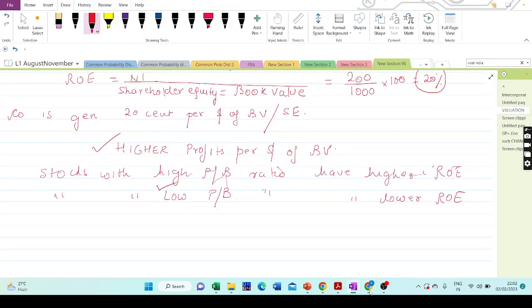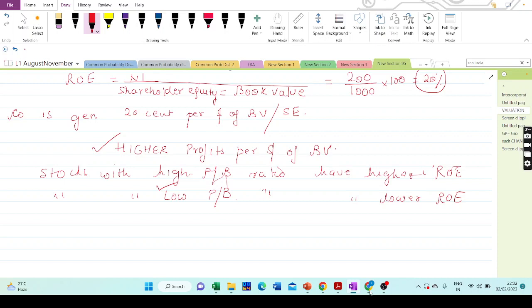Now, just like the PE ratio, we can use the PB ratio to identify undervalued or overvalued stocks. When you compare stocks within the same industry and with similar ROE, the stock that trades at a lower price to book is undervalued, and the stock that trades at a higher price to book would be overvalued. Please note this down.